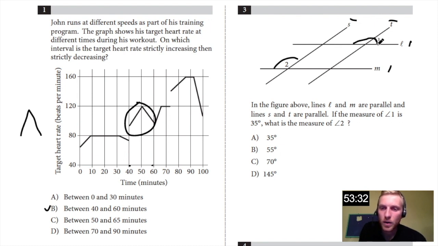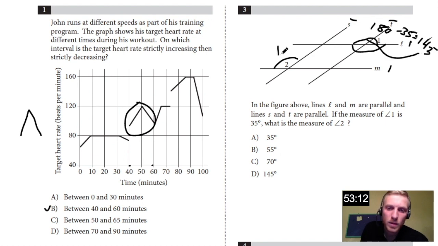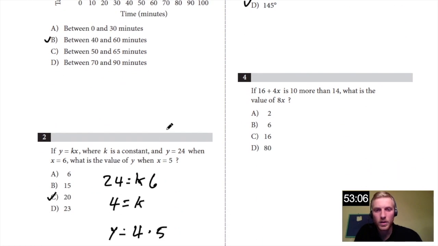So if we know angle 1 is equal to 35 degrees, since this is a straight line, we can say 180 minus 35 is going to be equal to 145. So this angle here is 145, which is going to be congruent to this angle. So angle 2 is going to be 145 degrees. Good.